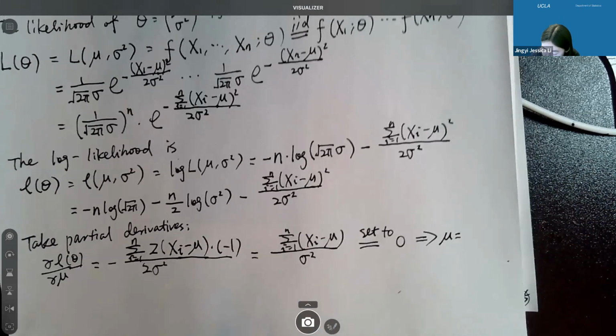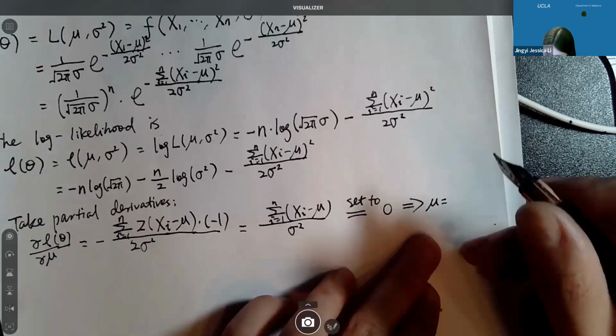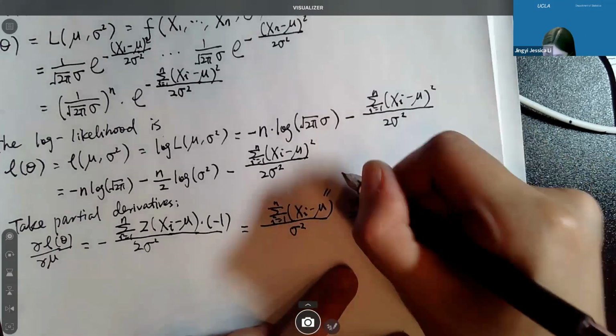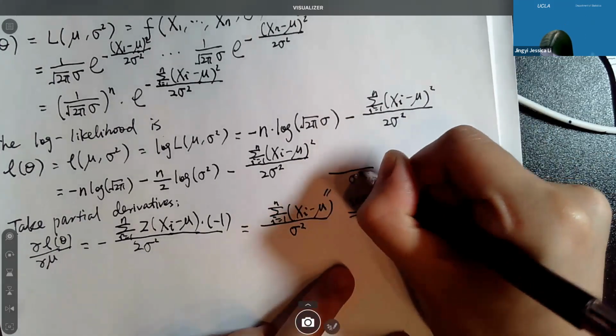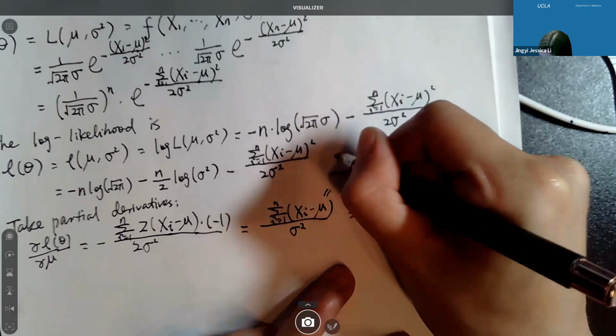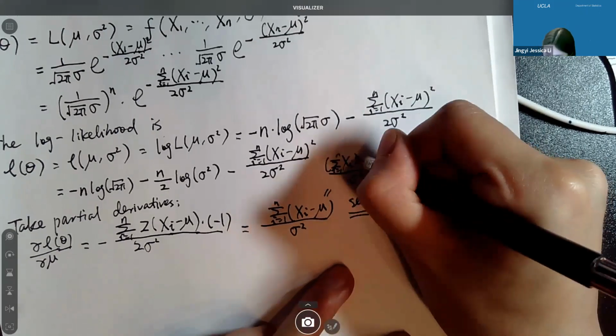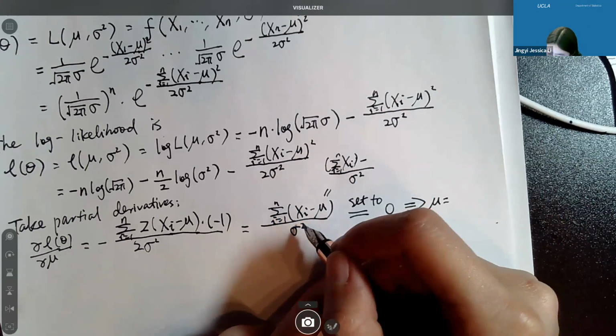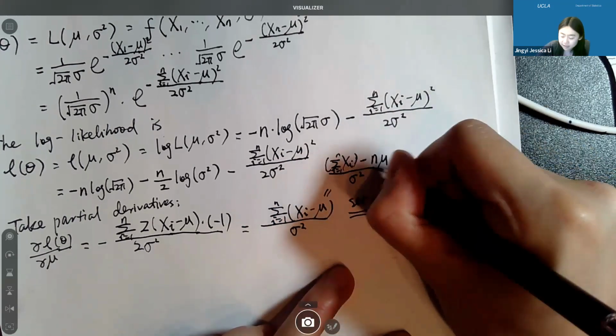Then this numerator is, let me just express this term again, one more step to help you see it better. Sigma squared stays, I have the sum of xi, i from 1 to n, minus n times mu, because mu appears n times in the sum. Okay, so now I set this to 0.